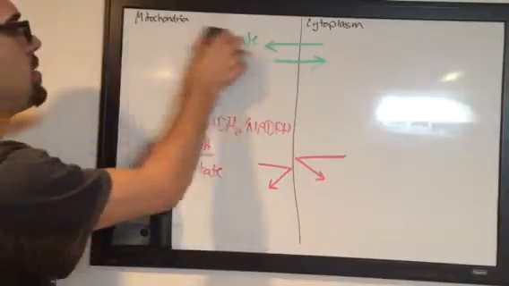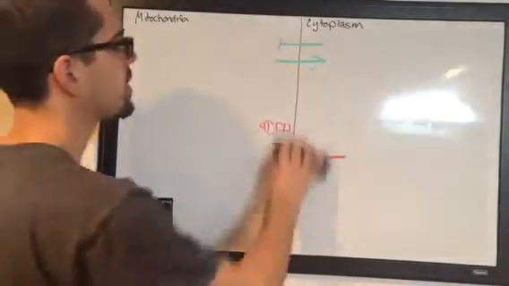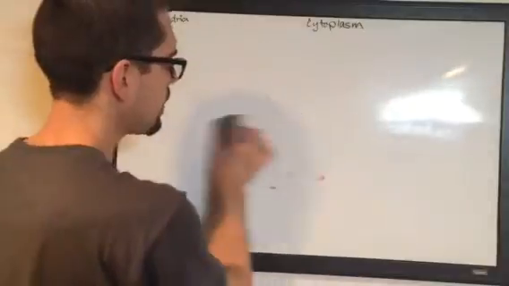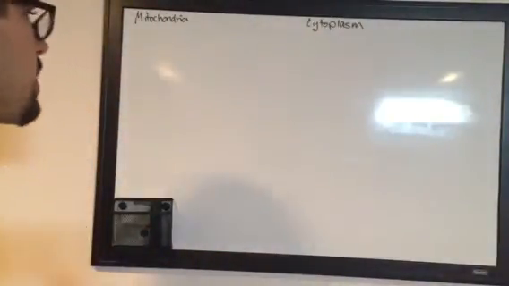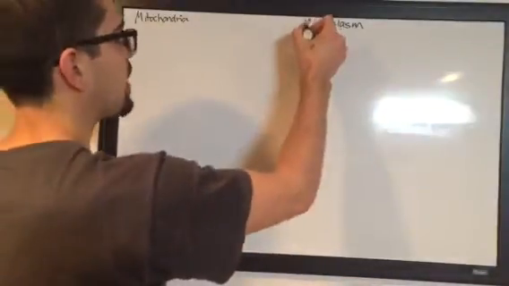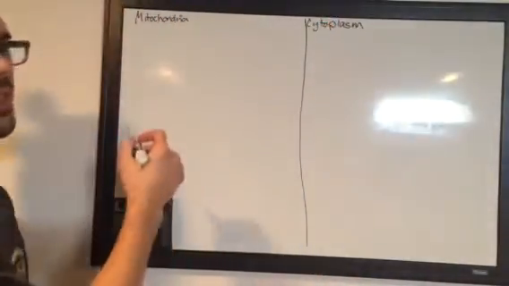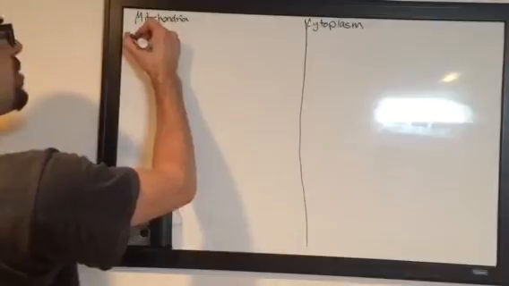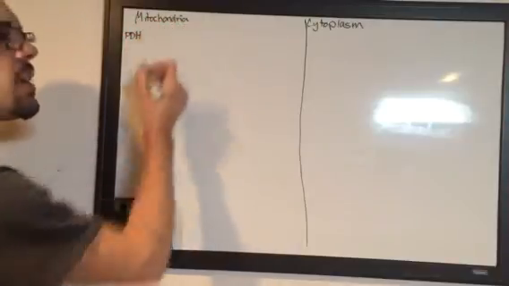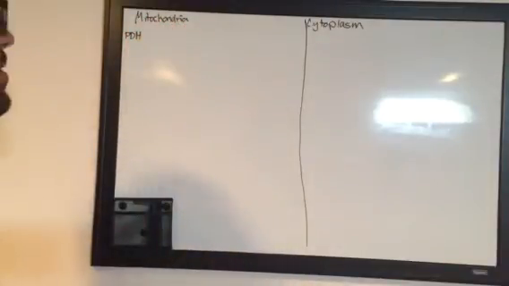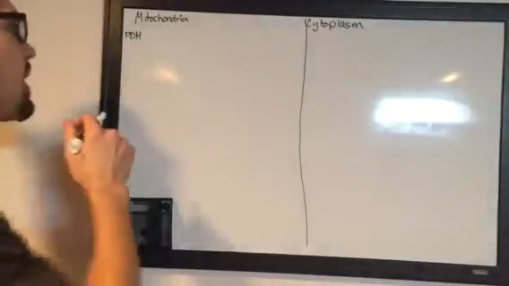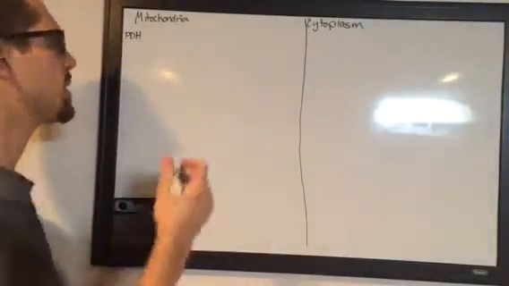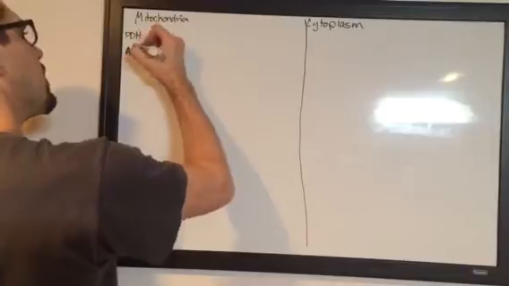Now we're going to actually do some acetyl-CoA transport. So, really quickly, we know that acetyl-CoA is produced in the mitochondria by a couple different pathways. Those pathways can essentially be summarized into the pyruvate dehydrogenase complex, the PDH, as well as amino acid catabolism.